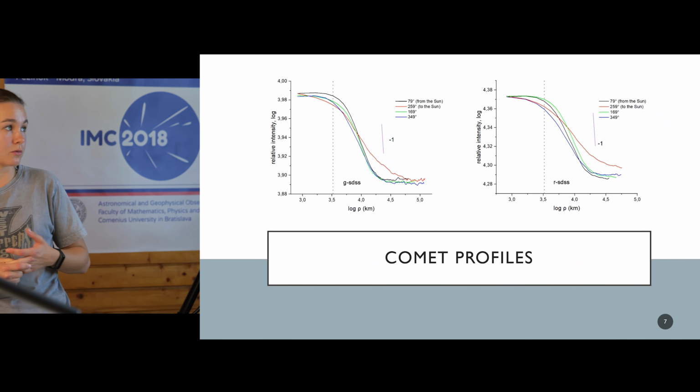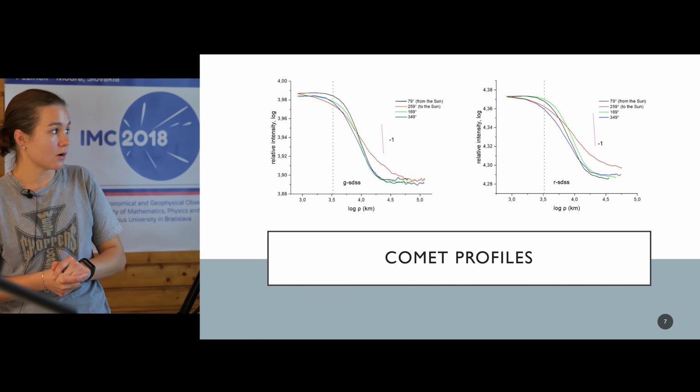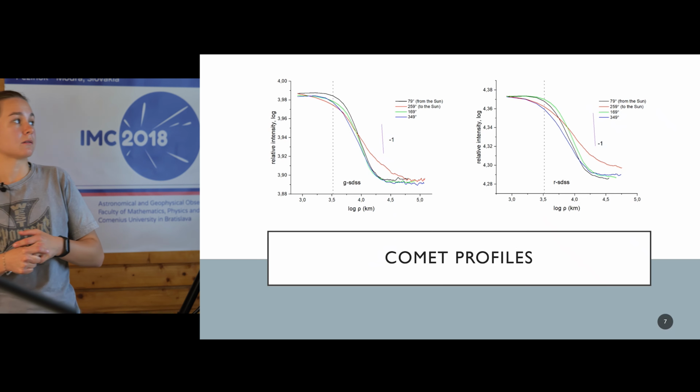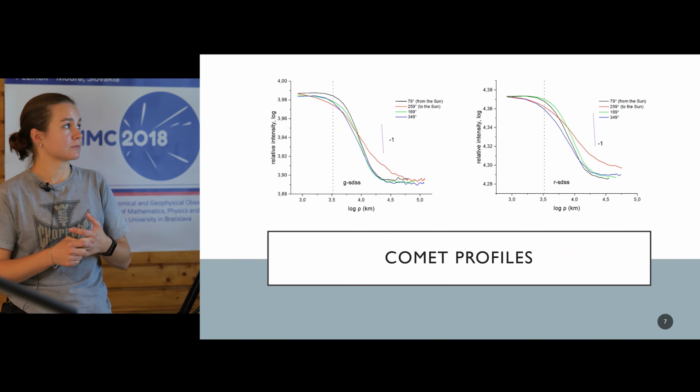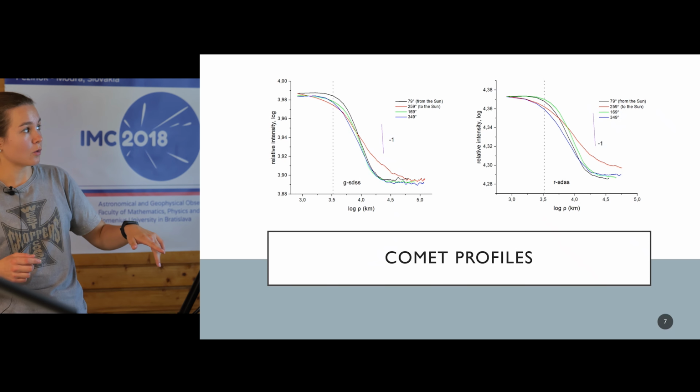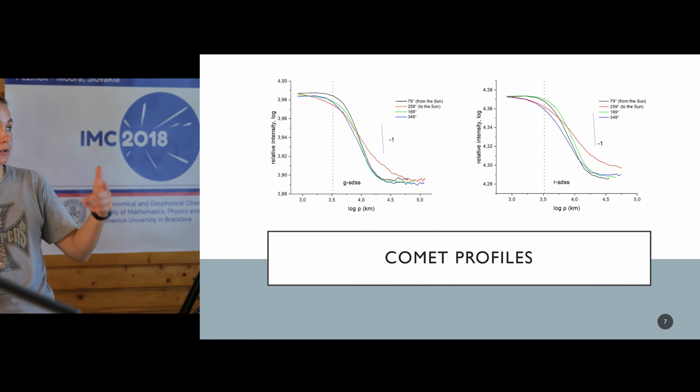These slides show the brightness profiles of our comet. The direction to the Sun, opposite to it, and two perpendicular directions were chosen.